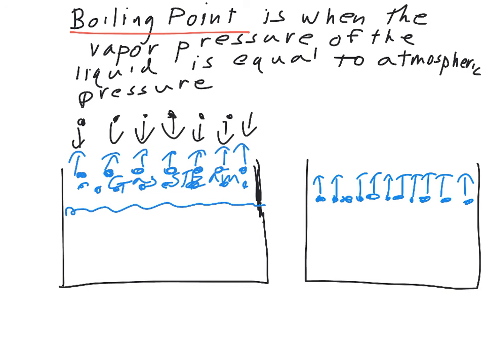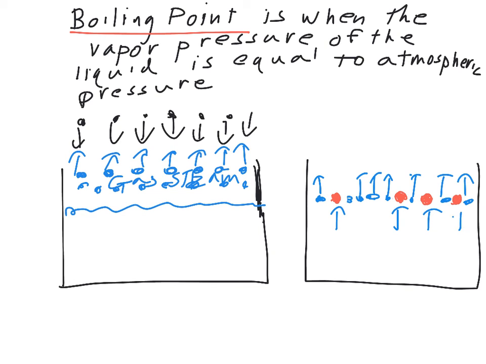Now, if you add salt to your water, well, in a solution, particles are evenly distributed. So at the surface of your water, where you used to have pure water, some of those water molecule exit lanes are now replaced by sodium ions or chloride ions. In other words, the water molecules can't get out.